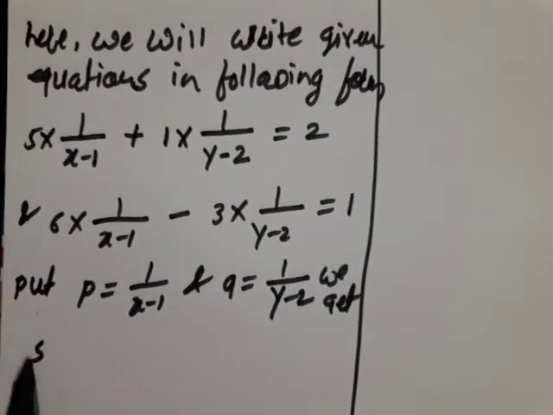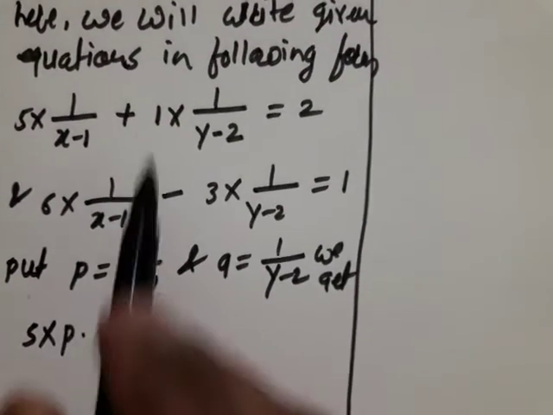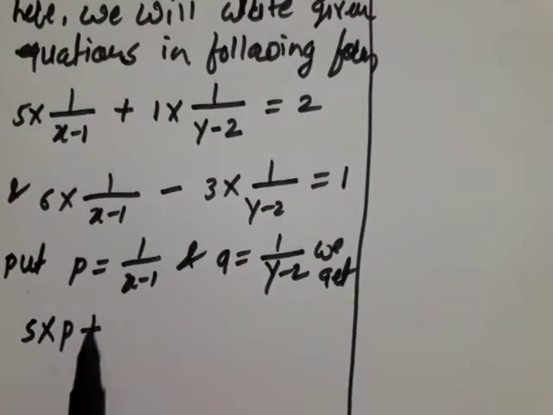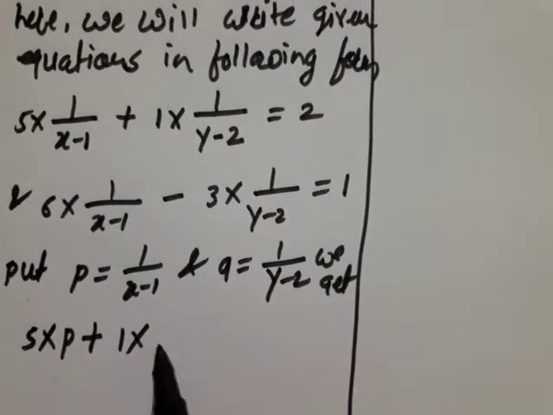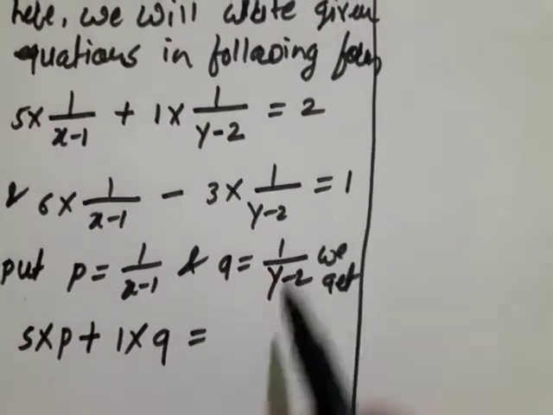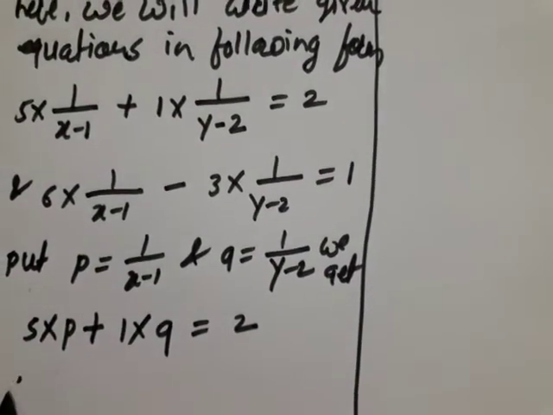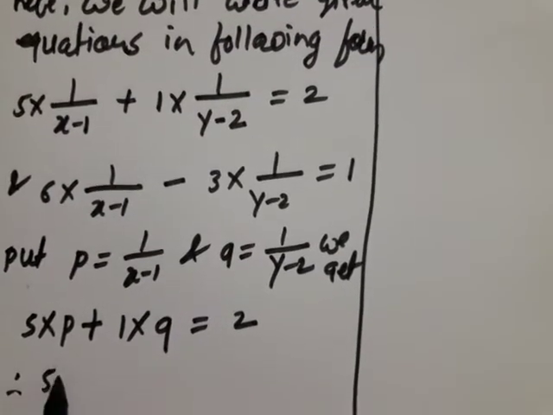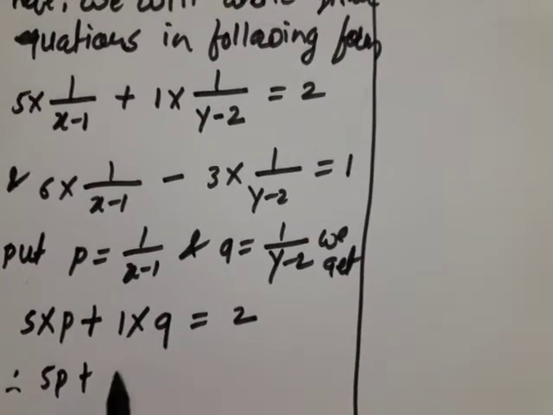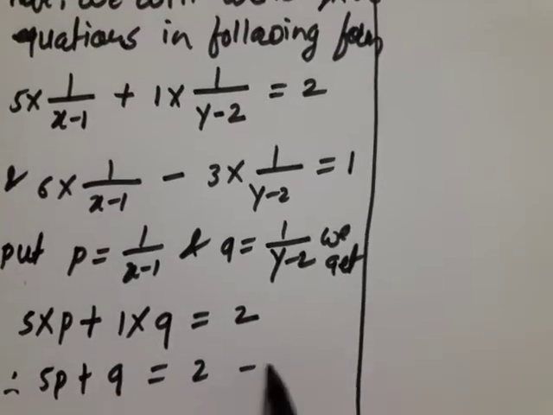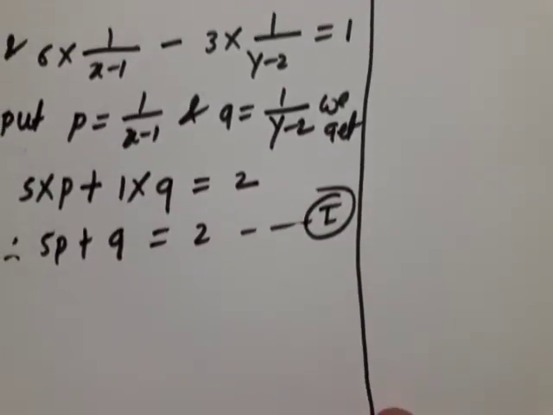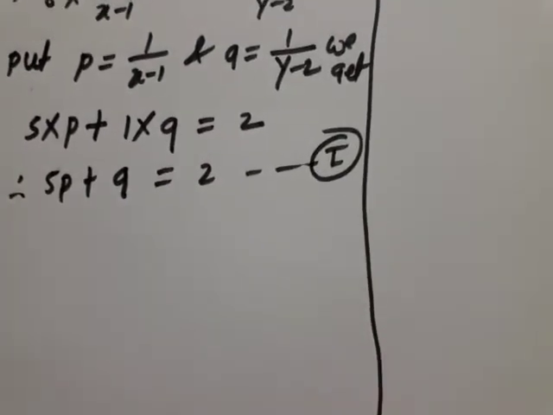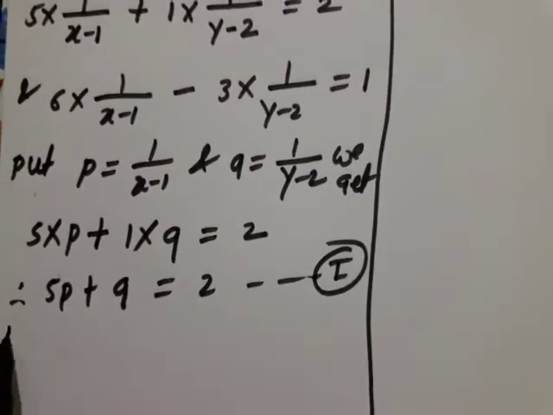I will write this 5 into p, which sign? Plus 1 into q is equal to 2. Multiply, 5 into p, 5p, plus 1 into q, q is equal to 2. We will consider this is the first equation. Got idea what I have written? Do you understand? Okay, then next.